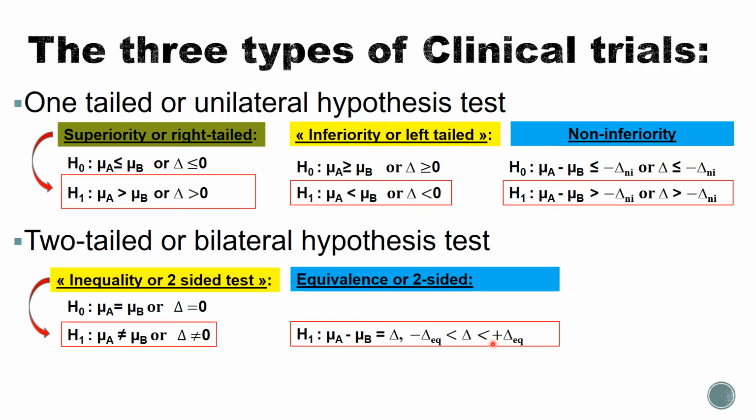Why would we say so? It's simply because we are interested in the fact that the drug should be more efficient, so we wouldn't want it to be in a case where it's even less efficient, the difference mustn't be greater than a certain threshold. But at the same time, we are saying in the case where the new treatment would be more efficient than the treatment B, that difference shouldn't be greater than a certain threshold.